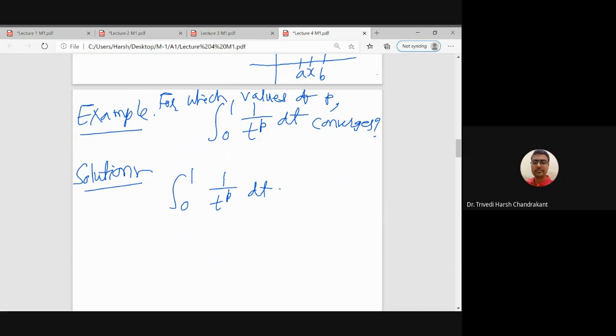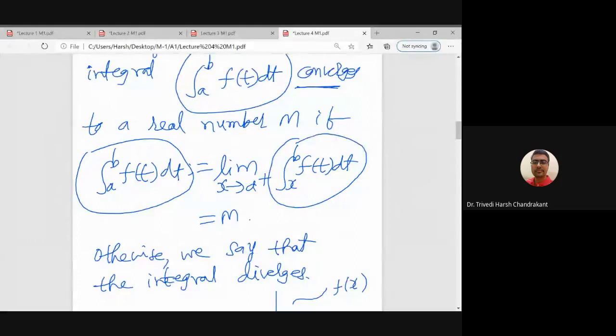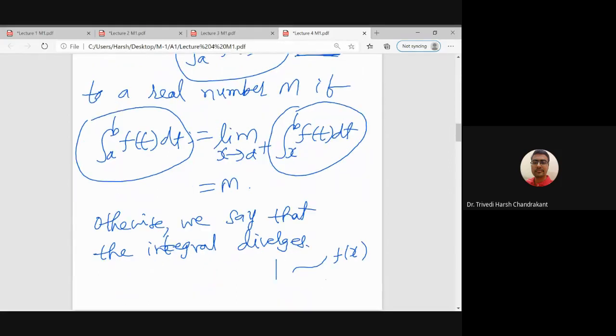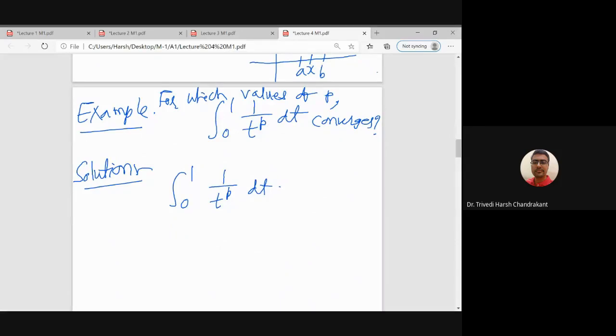So to integrate this function, we have to find this limit. Since our interval is from 0 to 1, a is equal to 0 and b equal to 1. So we'll find the integral from x to 1 of 1 upon t power p dt.